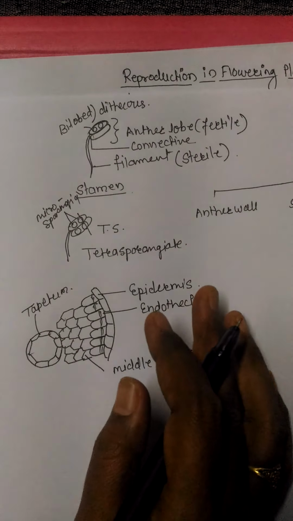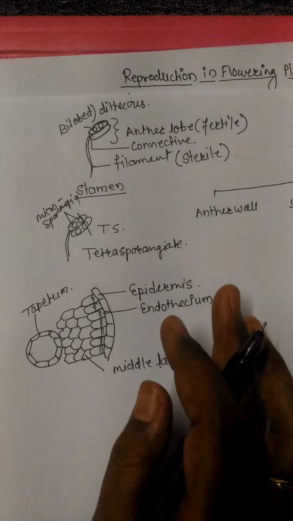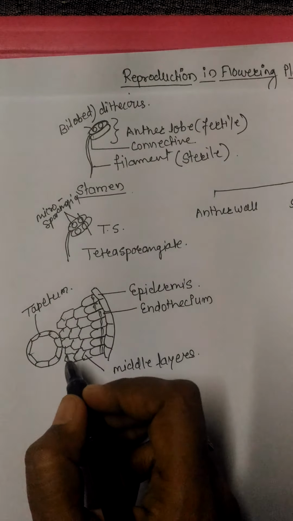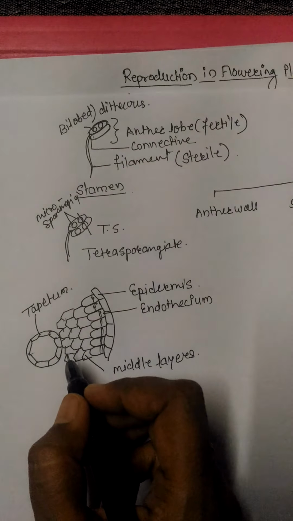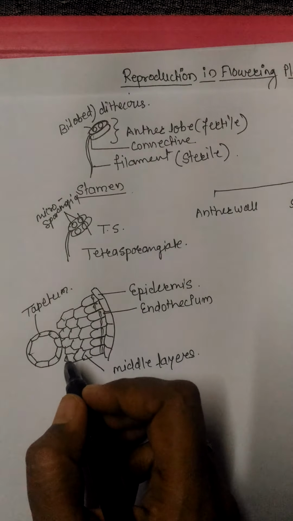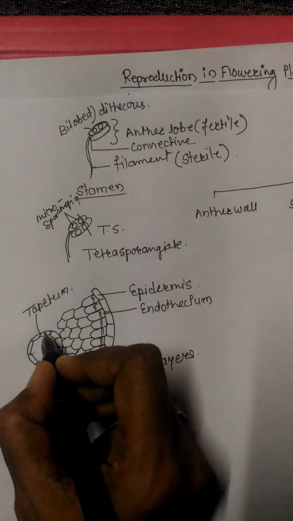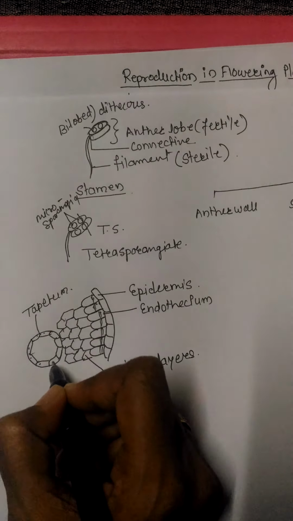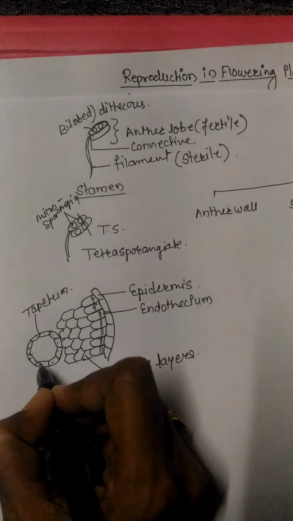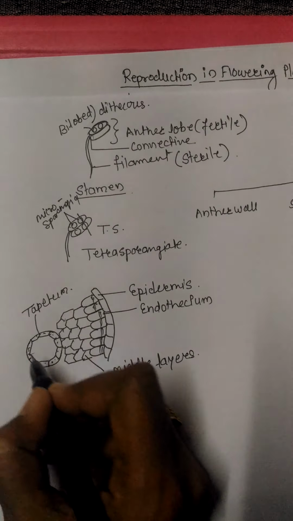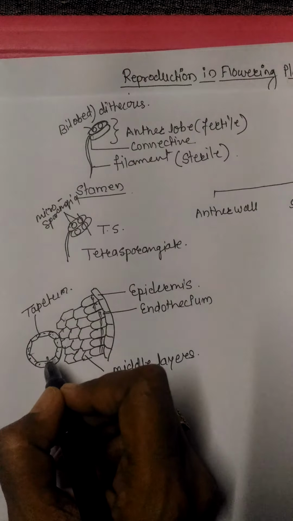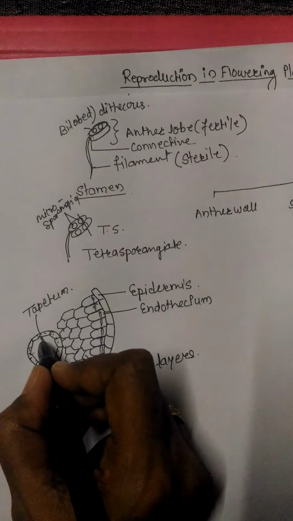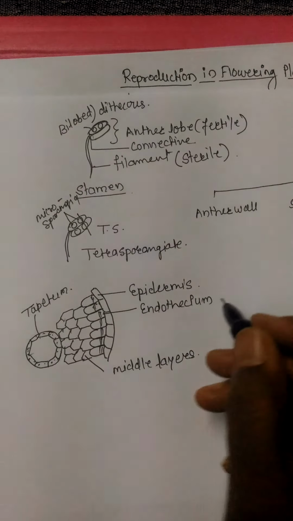This tapetum is present around the sporogenous tissue. This layer is physiologically important because this layer provides food material to the sporogenous tissue. This layer is multi-layered, and this layer provides nutrition to the developing pollen grain or sporogenous tissue.